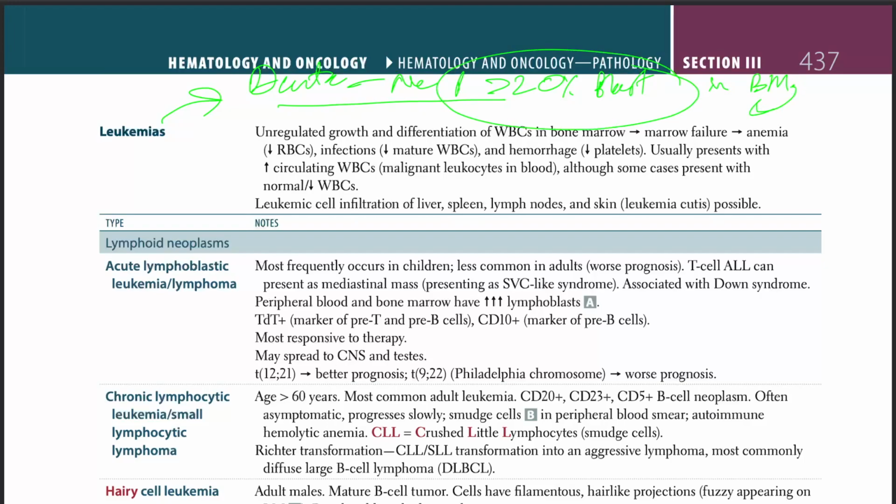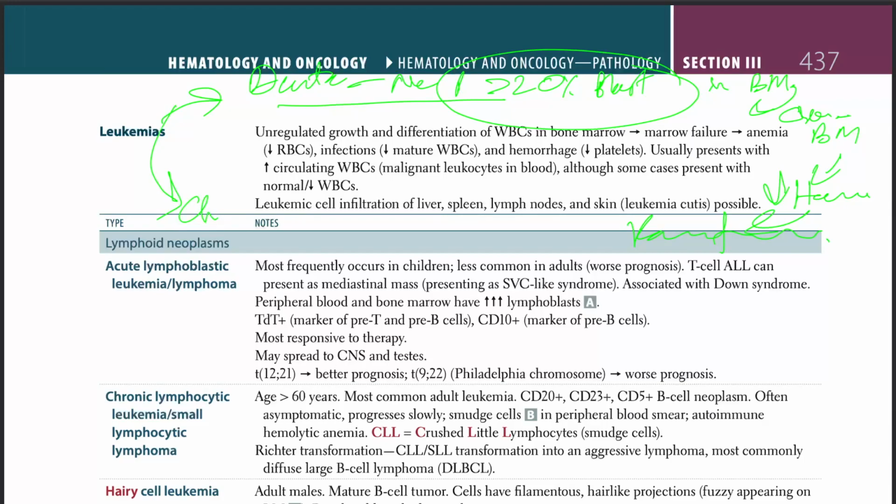So that's going to crowd your bone marrow. When you crowd the bone marrow, that is going to decrease all hematopoiesis, leading to pancytopenia. All three cell lines are going to decrease. That's the acute.